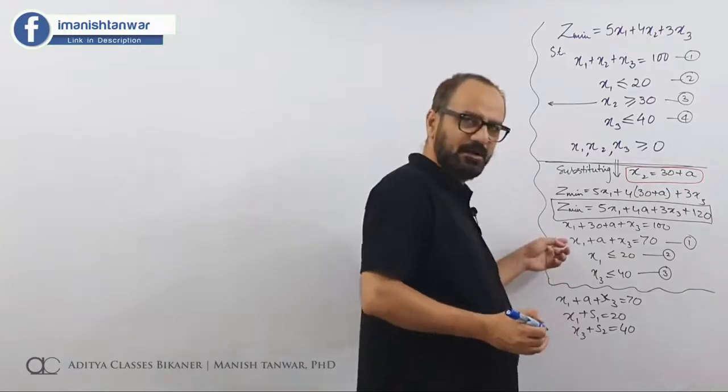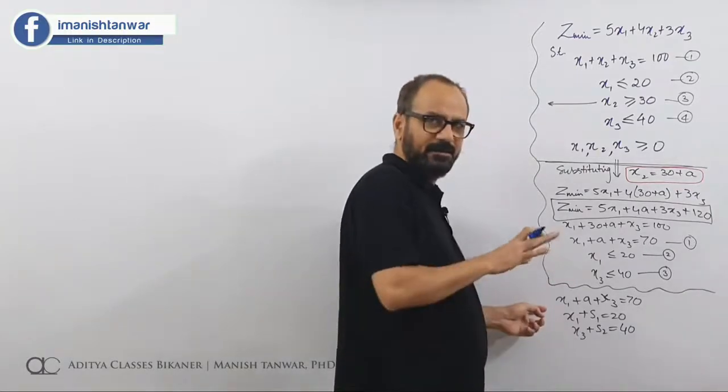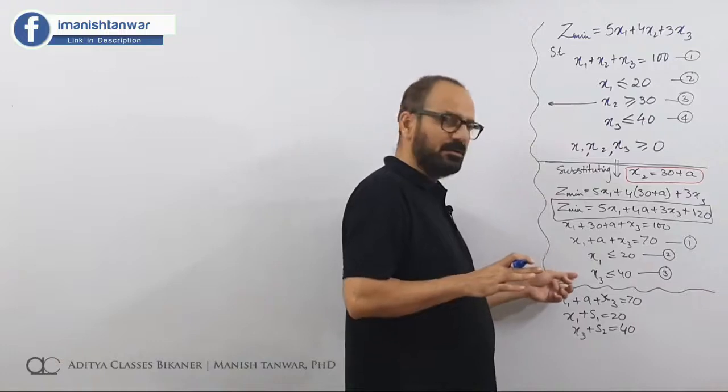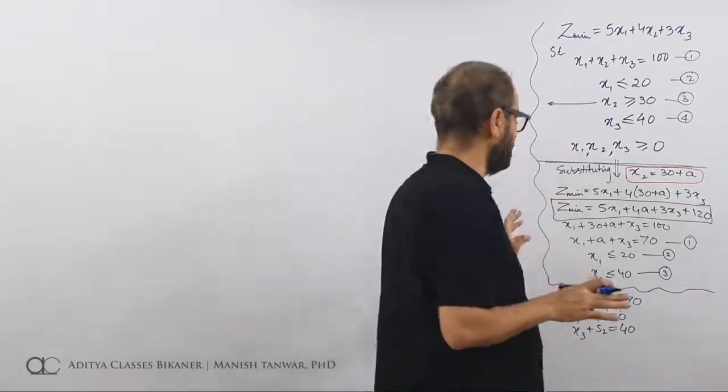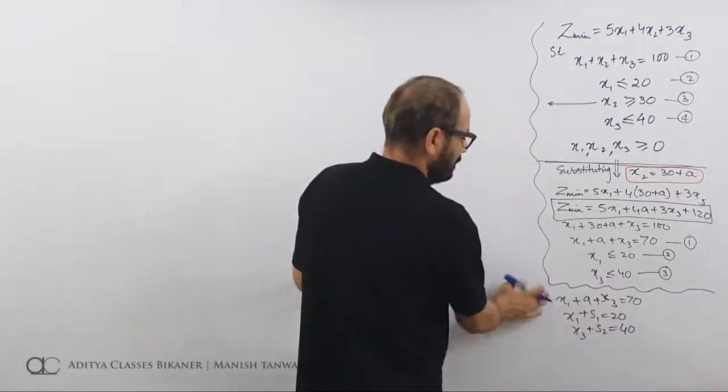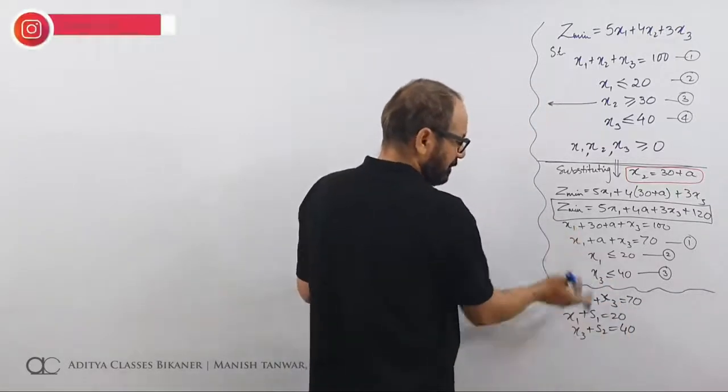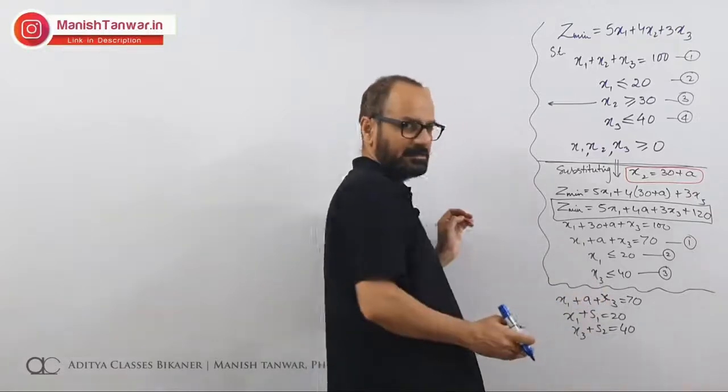One was already an equality, so we have left it unaltered. The other 2 were less-than inequalities, so I have converted them into equalities. As a result of this conversion of canonical into standard form, I have certain new variables.